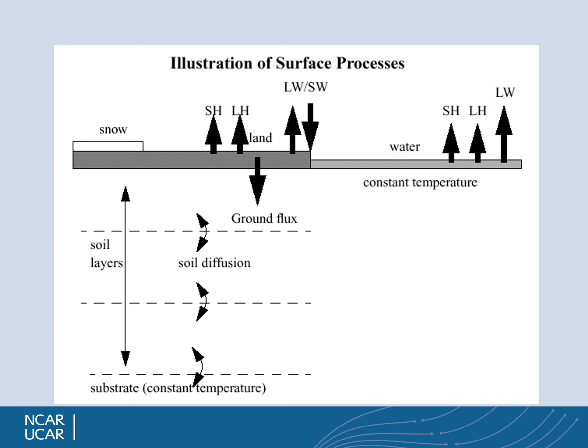This is an illustration of some of the land processes. Over land, we're dealing with sensible and latent heat flux and the ground flux, and then it's balanced. There's a radiation balance with the long wave and short wave. So basically there's an energy balance at the land surface.